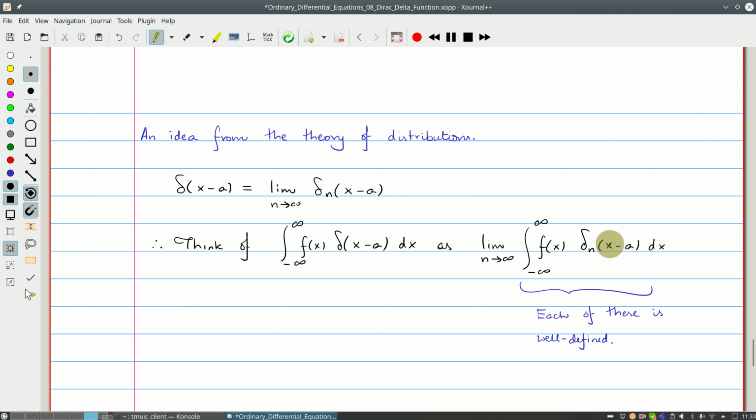Now, I find that sometimes this approach is more helpful in visualizing what is happening, so I can then visualize that as this function gets more and more tightly peaked, then this integral collapses to just this function evaluated at one point, and this can be useful at times.